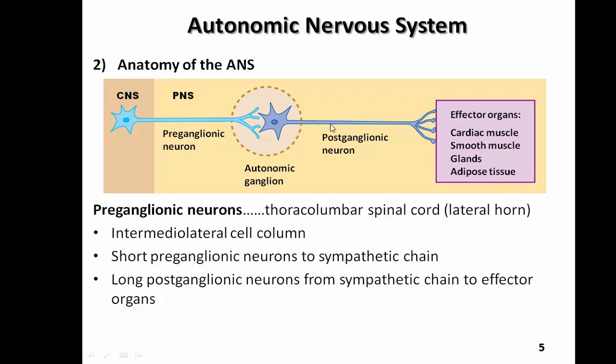The ones on the postganglionic side will tend to have longer axons than the preganglionic ones. And this ends our first part of this unit on the autonomic nervous system.